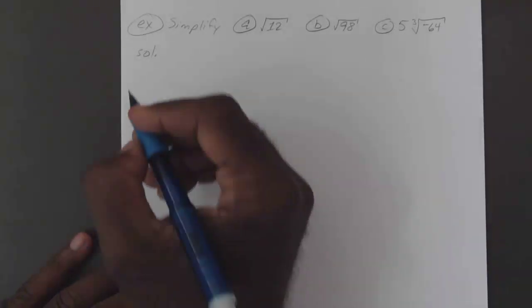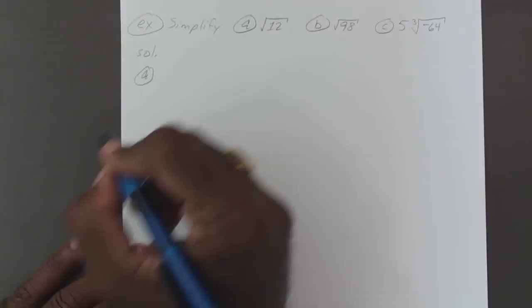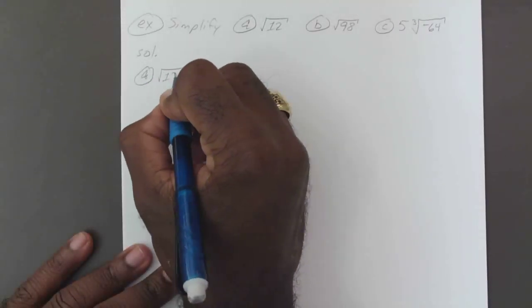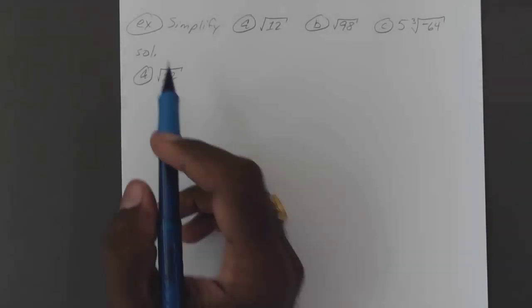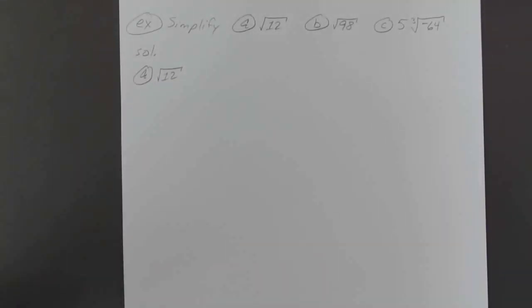Okay, so let's say for A, square root of 12. Now you can break 12 down into 6 and 2, 12 and 1, but you want to look for a way to break it down to where you have a perfect square. So the only perfect square that you can break 12 down into is 4 and 3, because 4 is a perfect square.